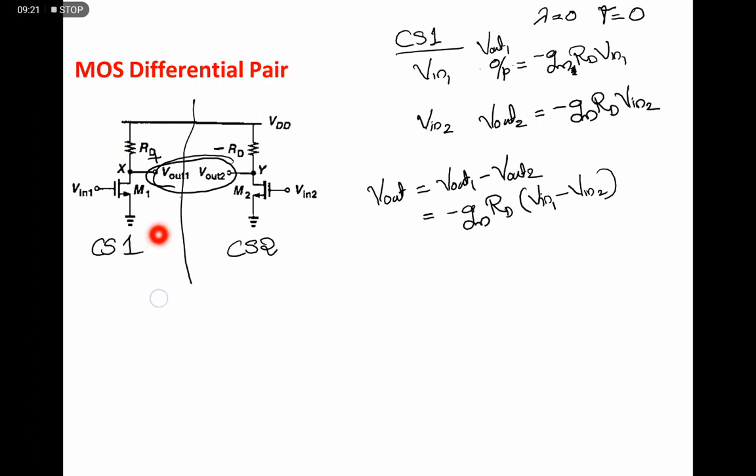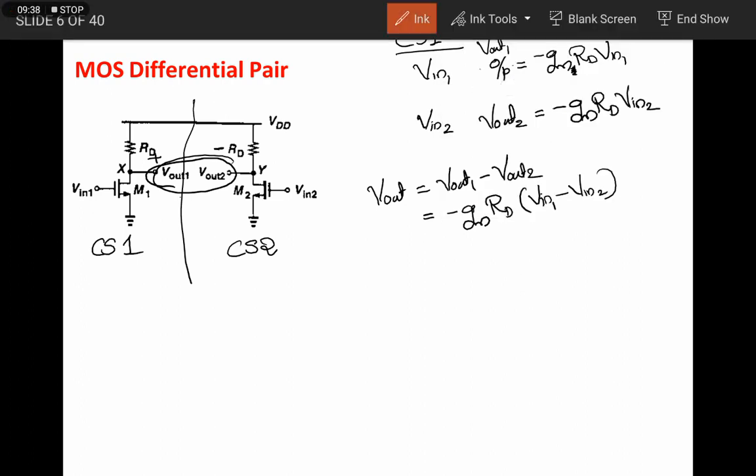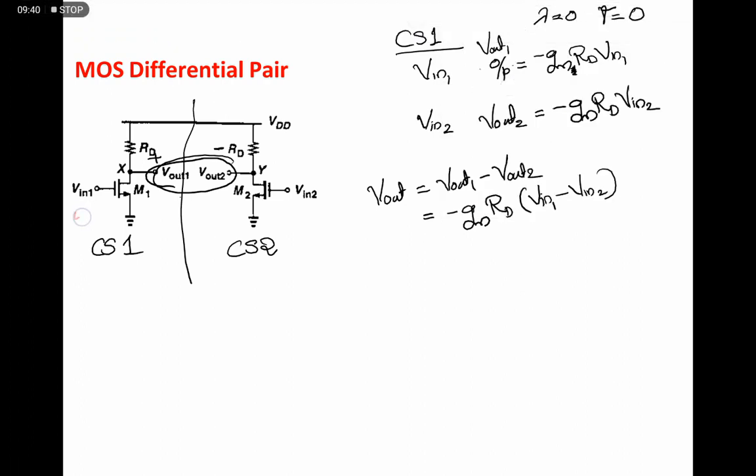But this circuit has some drawbacks. Drawback means we are assuming that for any input V in 1 and V in 2, the output must be like this. For any differential input, if I give 5 and 5.1, I am expecting, if the gain is 10, minus 10 into the difference 0.1, that is 1 volt.